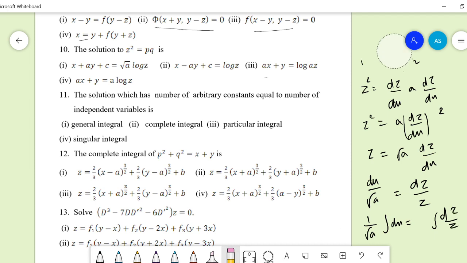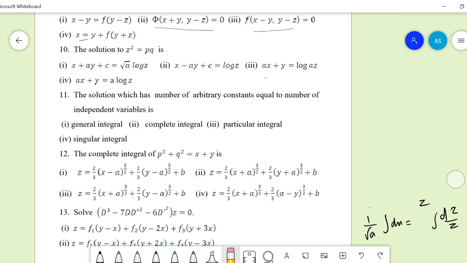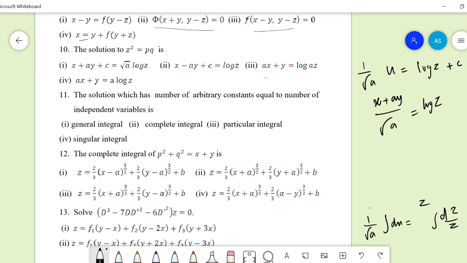1 by root a du integration is u, dz by z is log z plus some c. u value is x plus ay divided by root a equals log z plus c. Now if you do cross multiplication, x plus ay equals root a log z plus root a c.